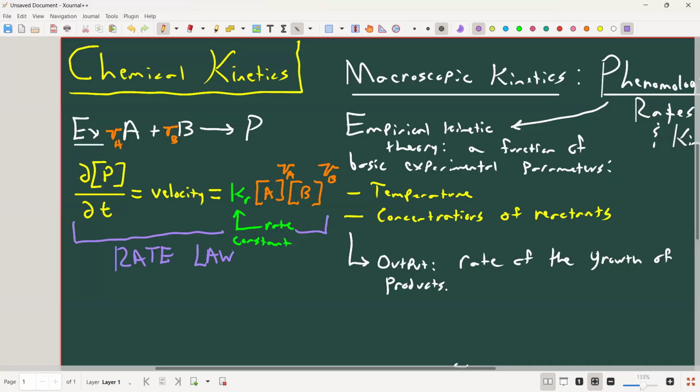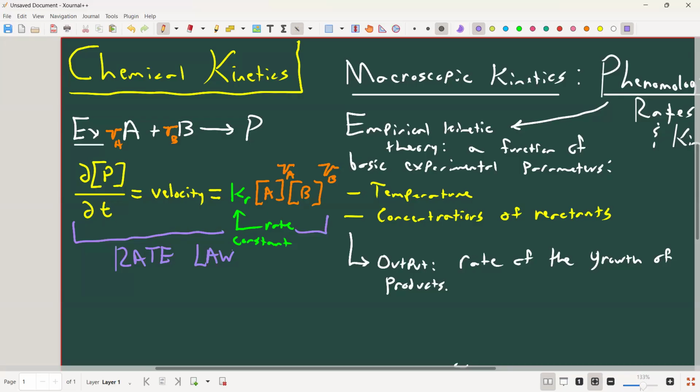What distinguishes two different reactions, in some sense, are these numbers right here. How many of each molecule is involved? That's important. That says something chemical. And also the rate. So let's think a little bit.